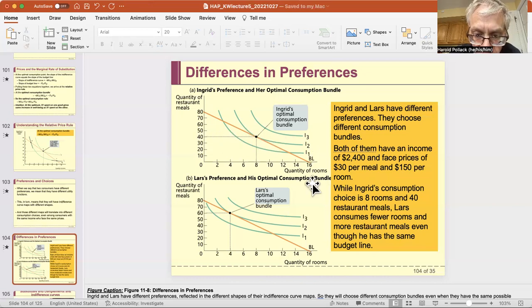So she ends up at a point where she's got more rooms than he does. He's got more meals than she does. They're both spending exactly the same amount of money, but their different consumption choices matter. Okay. So you can see that they're both spending exactly the same amount of money, but they're just doing it in a different way.